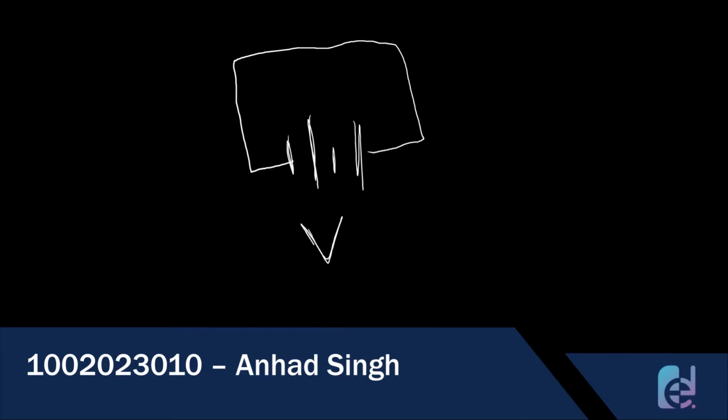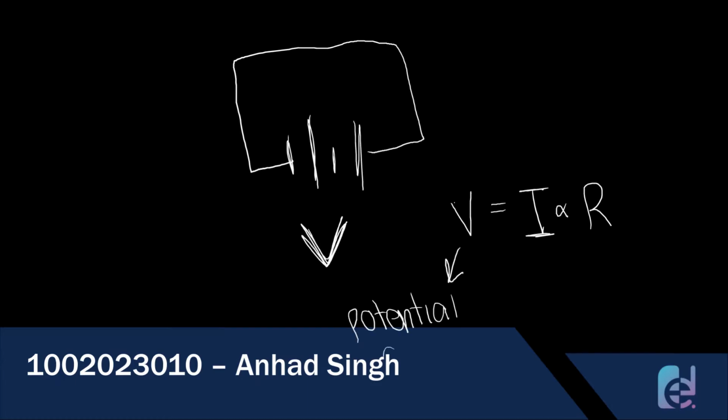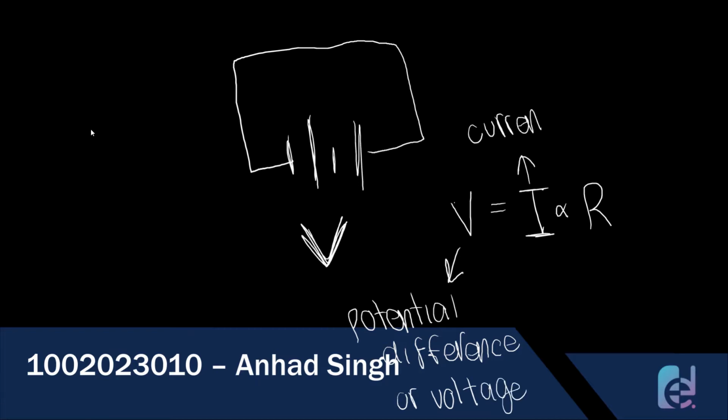So that potential difference is V. And if you want to find out how much current is going to flow in this circuit because of this potential difference V, we get that current using this formula: V equals I into R. So V is the potential difference, or voltage. I is the current, and R is the resistance.